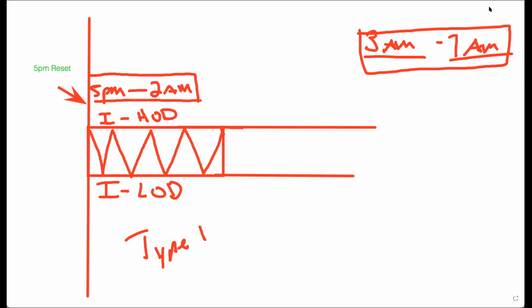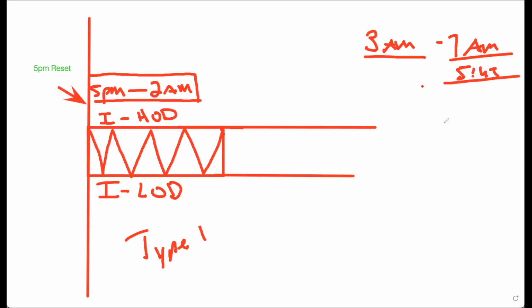And ideally, if you want to make it even smaller, the best possible setups are between 3 and about 5:45 or so. But there will be times where it extends out to 6:30, 7 a.m., the max. By 7 a.m., there's nothing to be traded during a London session.